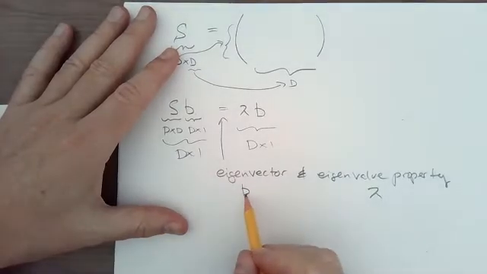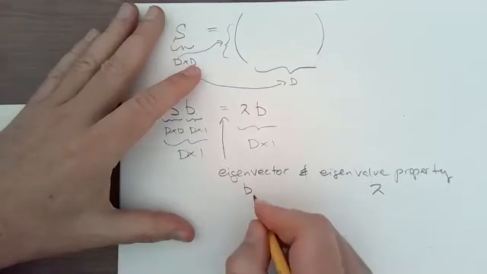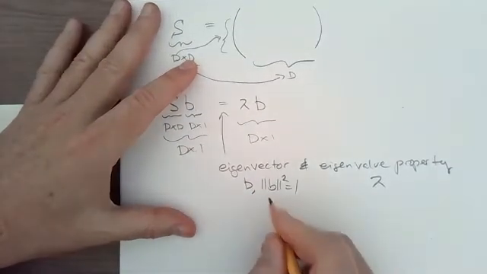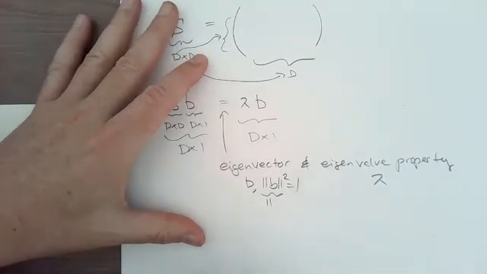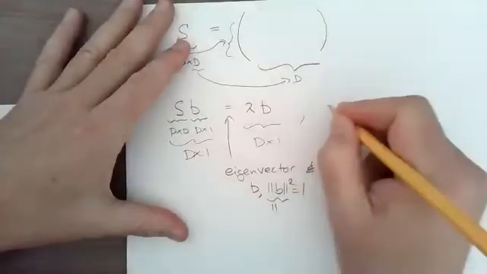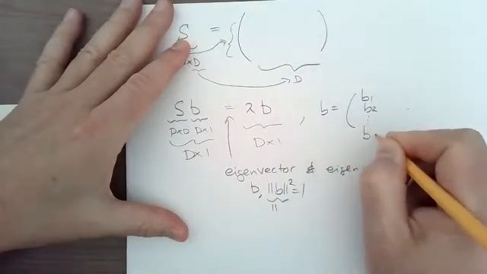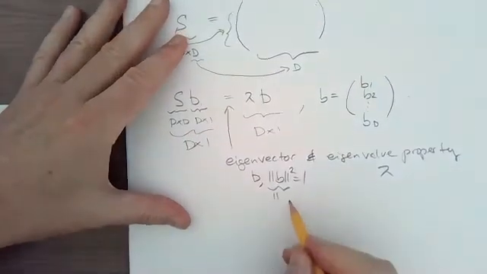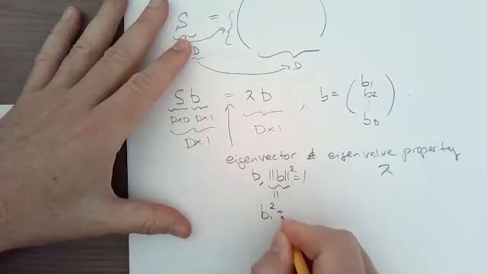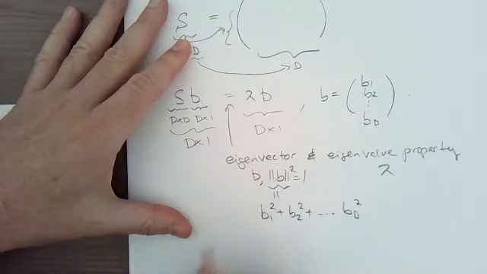What I very often want is for my vector here to have length 1. So the norm here is equal to, my B is going to be B1, B2, up to BD. The norm of a vector is the square root of b1 squared plus b2 squared plus up to bd squared.